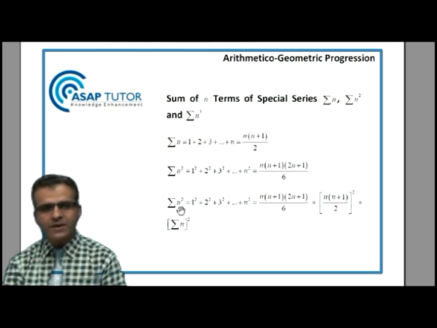Summation of n cube is equal to n into n plus 1 by 2 whole square, and since n into n plus 1 by 2 is equal to summation n, it will be equal to summation n whole square. So these are the three important formulas: summation n, n square and n cube.